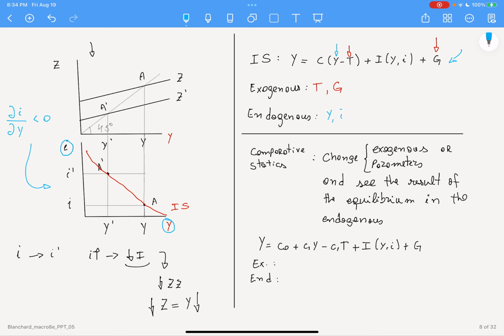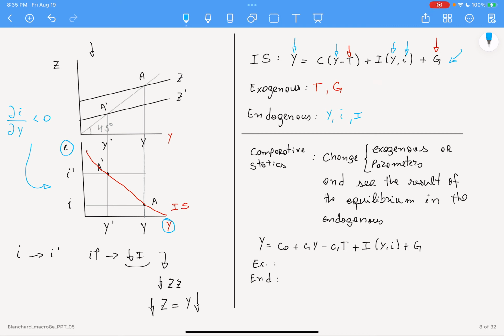As you can see, we don't know what C and I are. We know they are a function of, in the investment case, the investment is a function of two endogenous variables. So a function of endogenous variables will be endogenous as well, because these guys are defined by the model, therefore this guy will be defined by the model.